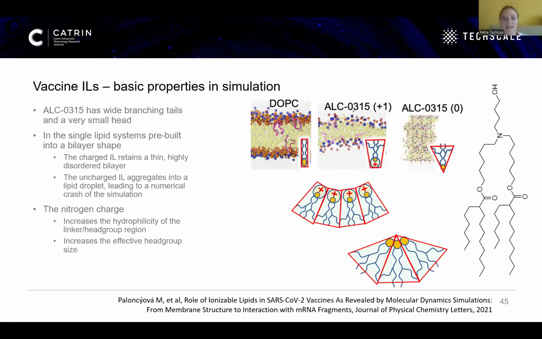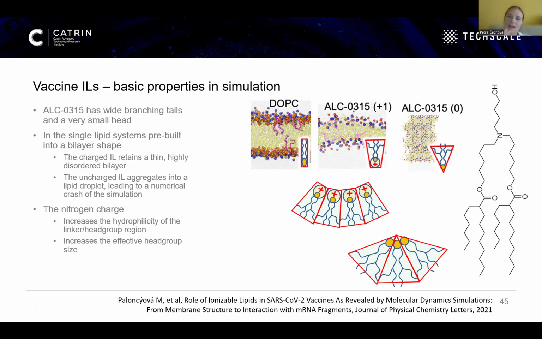So that's why we decided to simulate the vaccine mixtures and try to see how they behaved. Even though these are very unusual lipids, we did the thing that lipid people do every time, and we defaulted to the bilayer.